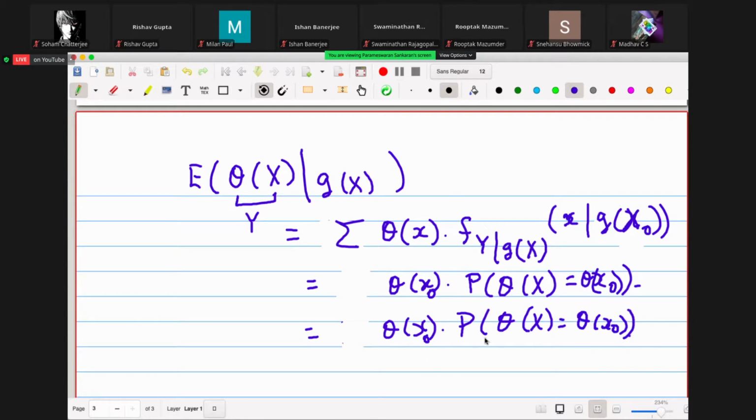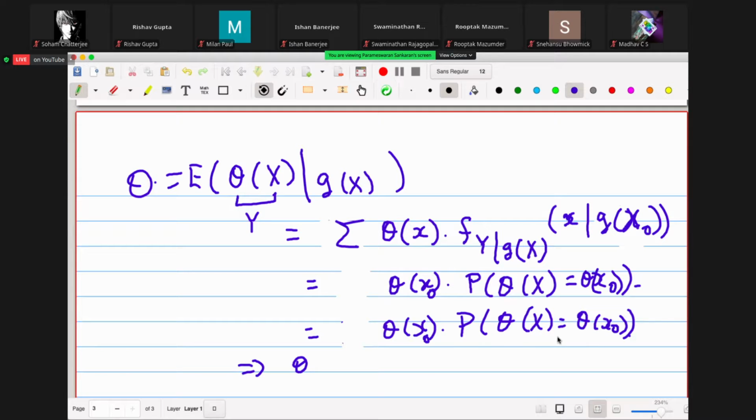But what is this? On this side it is 0. And therefore, if this were positive, this should have been positive too. So it seems to me that this is 0. This implies that theta of x naught is 0. If theta of x naught is not equal to 0, at x naught it does take the value theta of x naught.